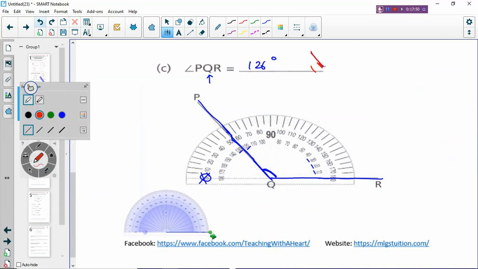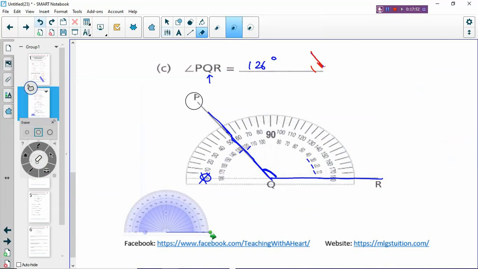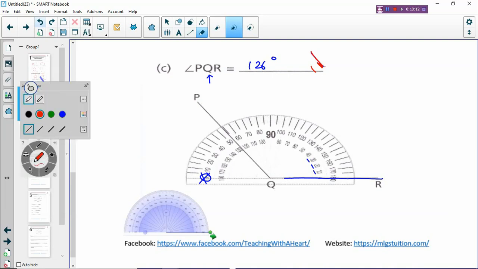You can see why this lesson will take a bit longer, because we're trying to show you how to measure the angle. Angle PQR is 126 degrees because you can see the dark line is after the shorter line.